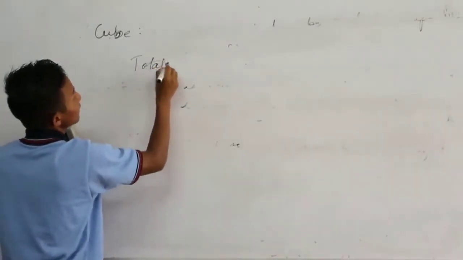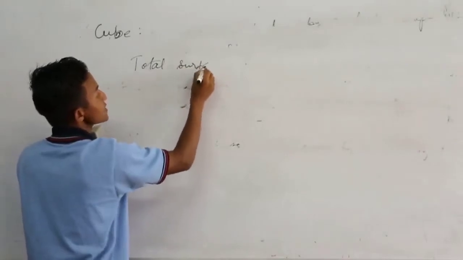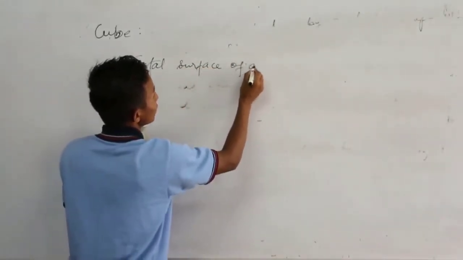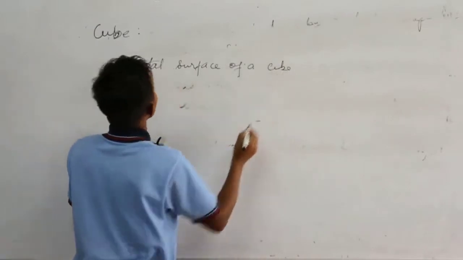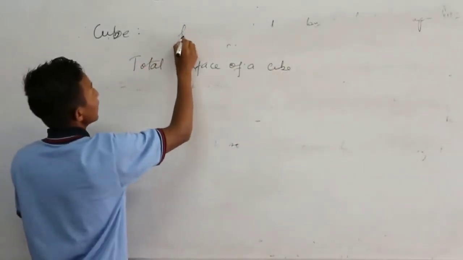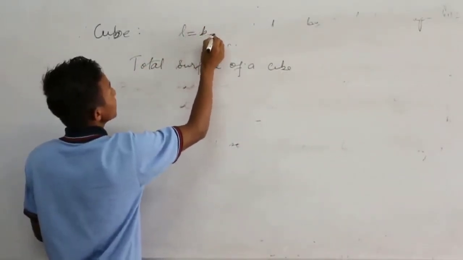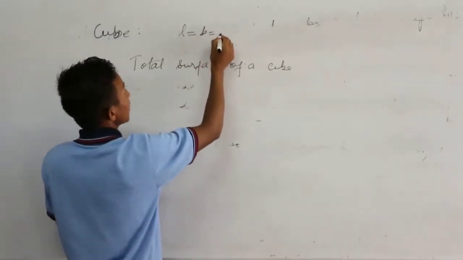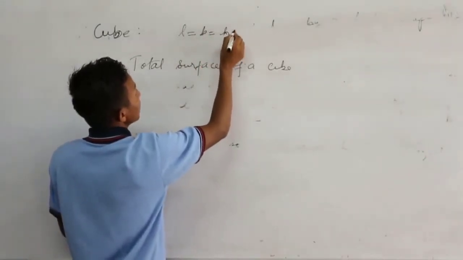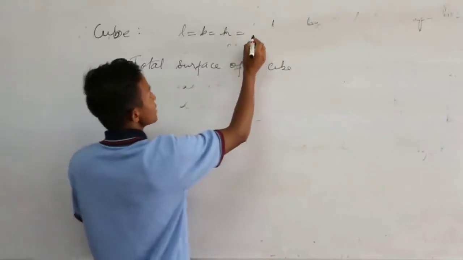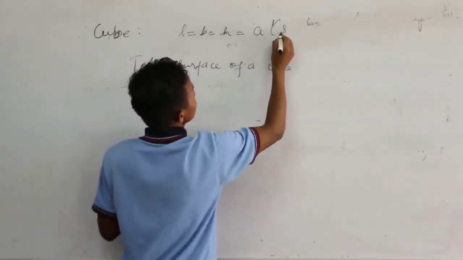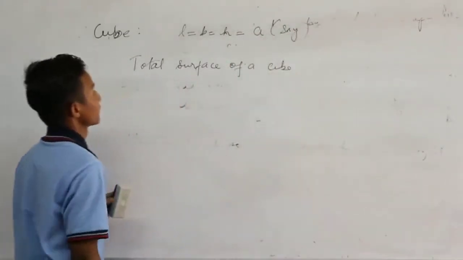Total surface area of a cube. Here, length is equal to breadth and equal to height. Let me take it to be equal to A.